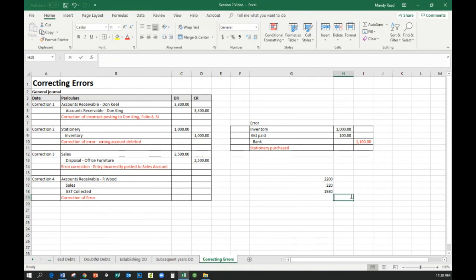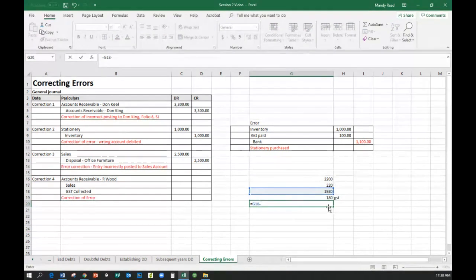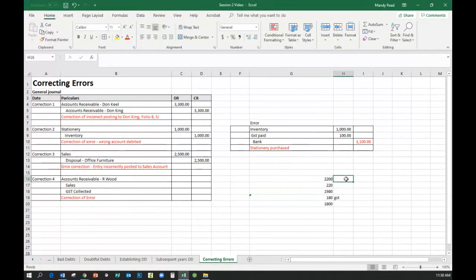But our GST component is obviously going to be the total amount divided by 11, which means that the sales amount will be the total amount minus the GST amount. Okay, so that you understand, this is the actual value that we should have put in. This is the value we did put in. This is the difference between the correct and incorrect.